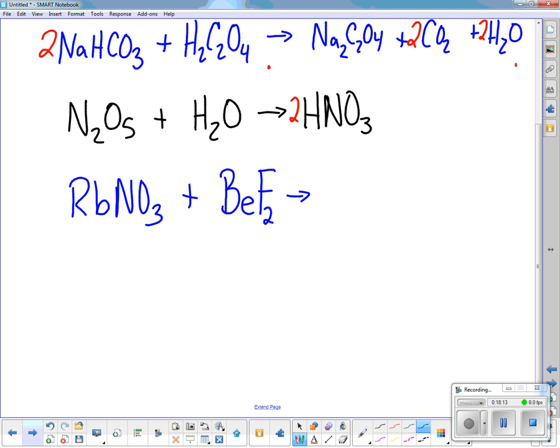Good. Yields rubidium fluoride. Well, rubidium had a +1, and fluorine had a -1. So just smash them. Plus beryllium nitrate. Be had a +2. Nitrate had a -1. So I'm going to need 2 of those groups to balance it out.